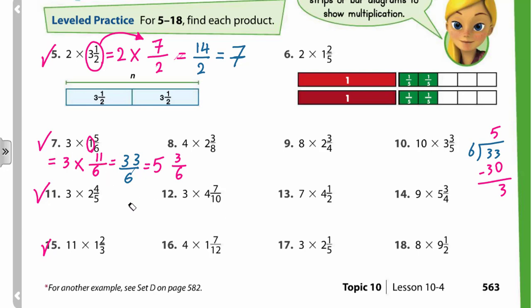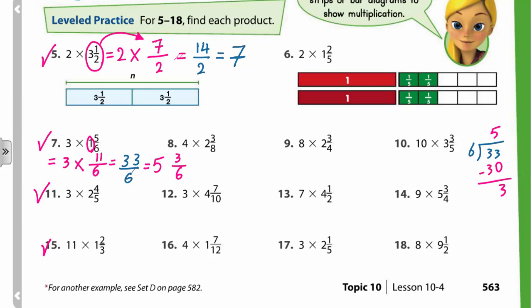Teacher, the denominator here didn't change. Why?